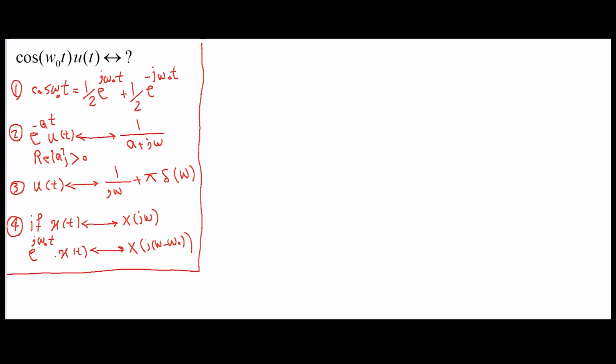To solve this problem, first, based on the first point, we rewrite the expression in the problem as 1/2 times e to the power of j omega 0 t times u(t) plus 1/2 times e to the power of minus j omega 0 t times u(t). A common mistake that many students make is that they try to use the second point.